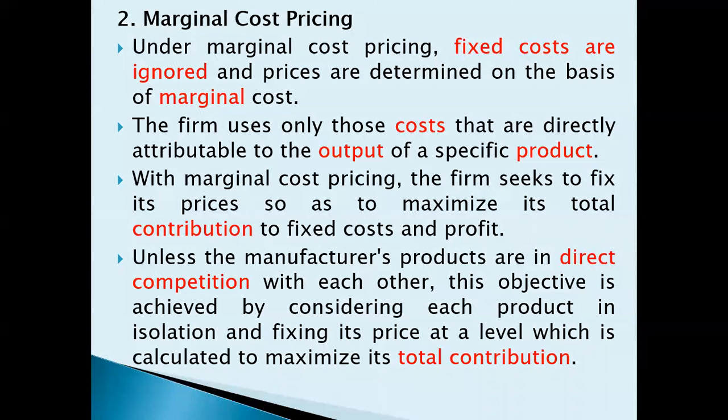And if I produce 101 unit, 102 unit, 103rd unit, or the next 10 units, additional 10 units, then for this additional 10 units, fixed cost will not be recovered because fixed cost is already recovered through 100 units.